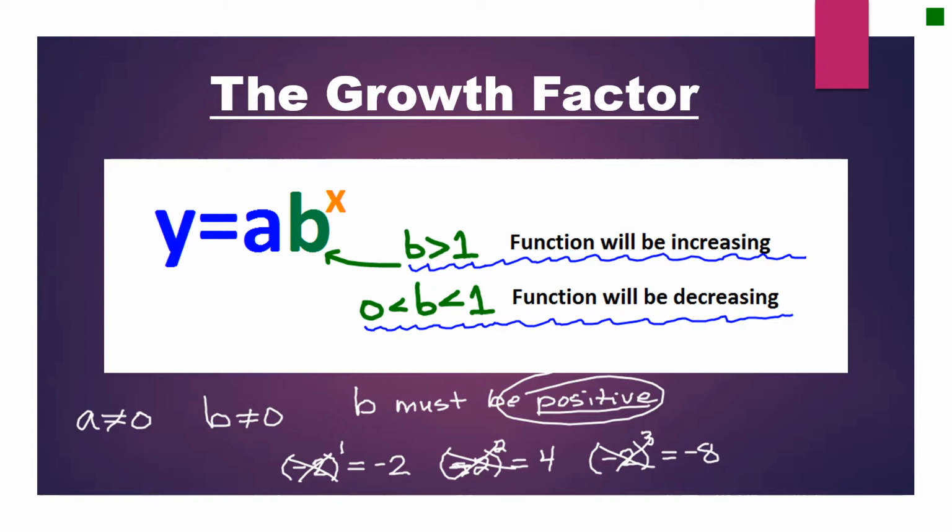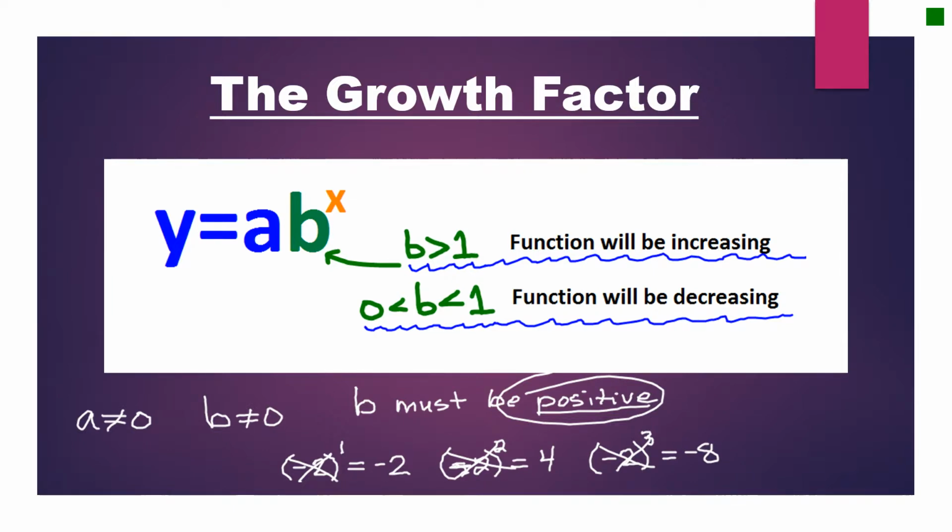If it is a negative number, then weird things start to happen. So let's just look. Let's say b was a negative number, like -2. If I raise it to the first power, I would just have -2. If I raise it to the second power, that means square it, -2 times itself, that's going to be +4.